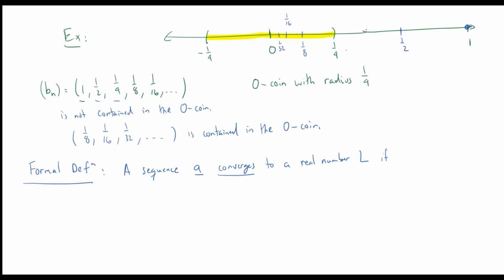Let's say I write down just this one particular zero coin, with radius 1/4. If all of the terms of the sequence were in this interval, is that enough for you to be convinced that it converges to 0?